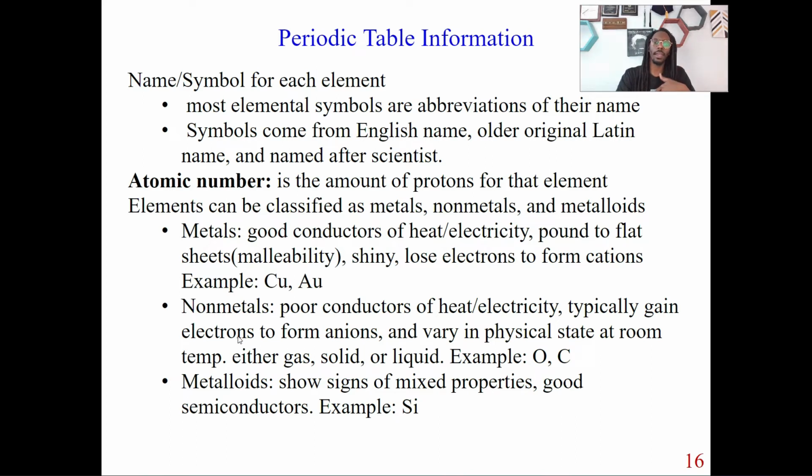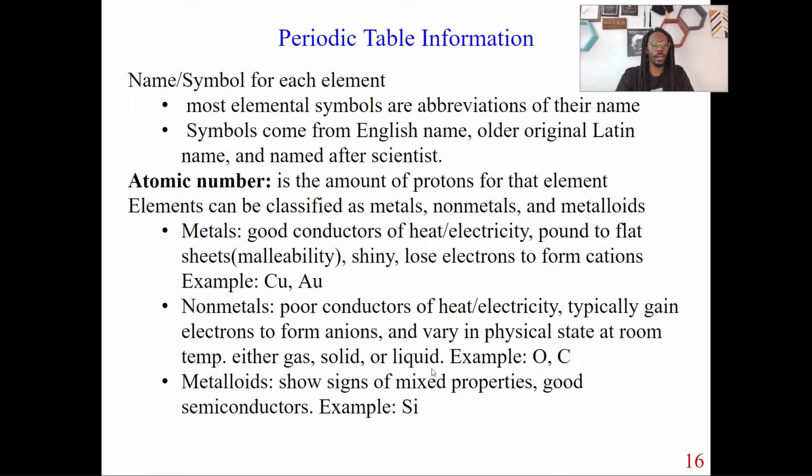If you gain electrons, you're becoming more negative, you're an anion. And then this can vary, so they can vary in physical state at room temperature. Even though it's a non-metal, it can be a gas or a solid or a liquid in some cases. A good example of a non-metal is oxygen or carbon.